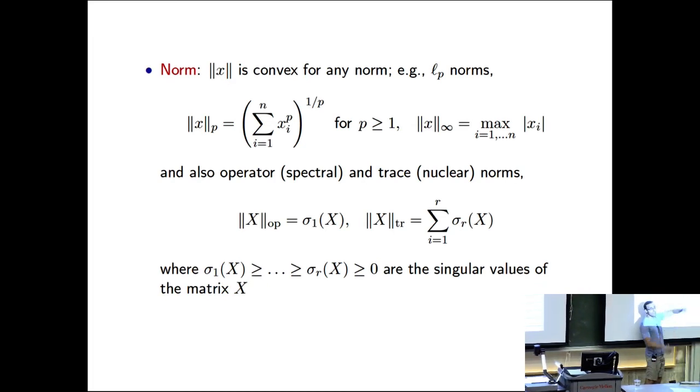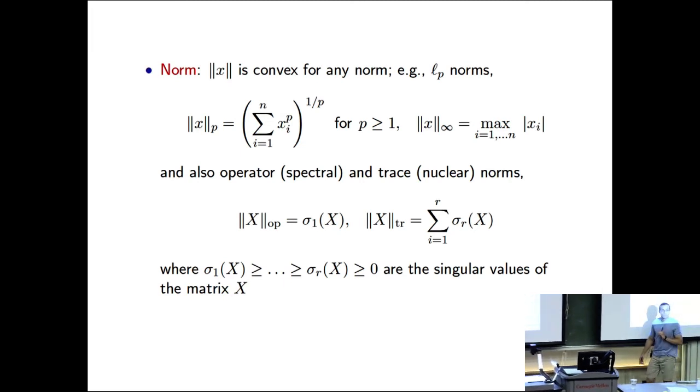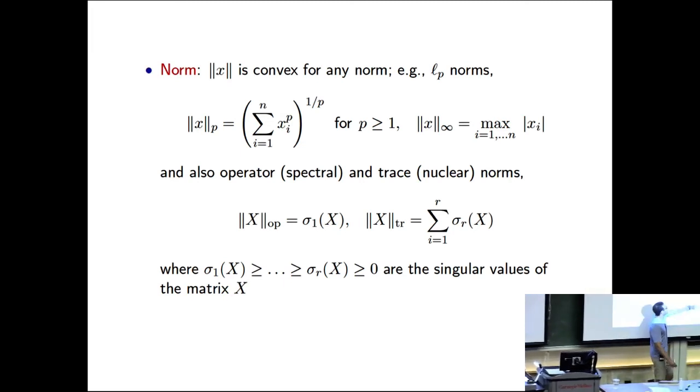if I look at its biggest singular value and define the operator norm to be equal to that, that is a norm. So it has all the properties of a norm. If I also look at the sum of its singular values, it's also a norm. And we call this one the trace norm.